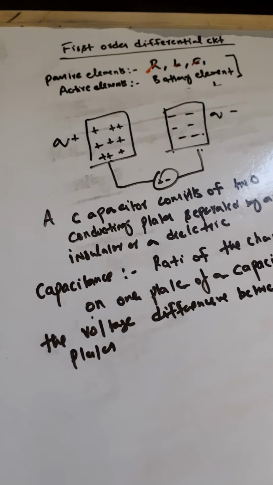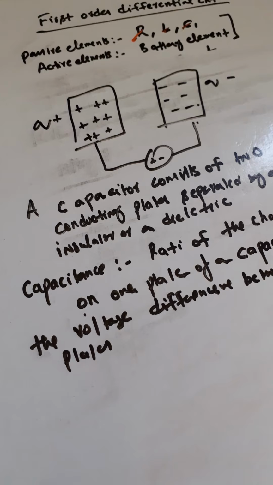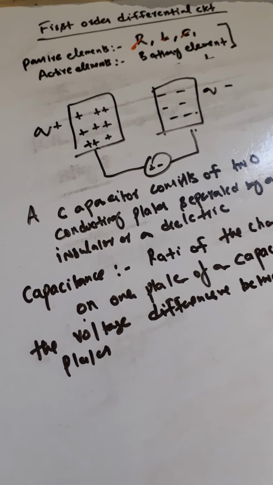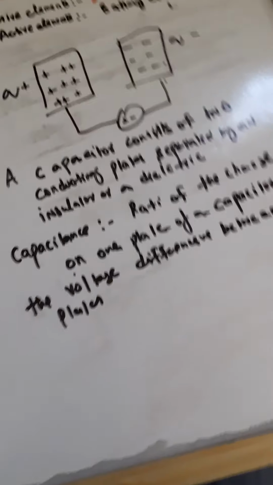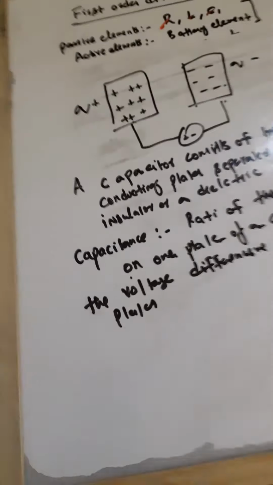So capacitance, as I have already defined, is the ratio of the charge on one plate of the capacitor to the voltage difference between the two plates, measured in farads. This is the definition of capacitance, and Q is equal to CV.